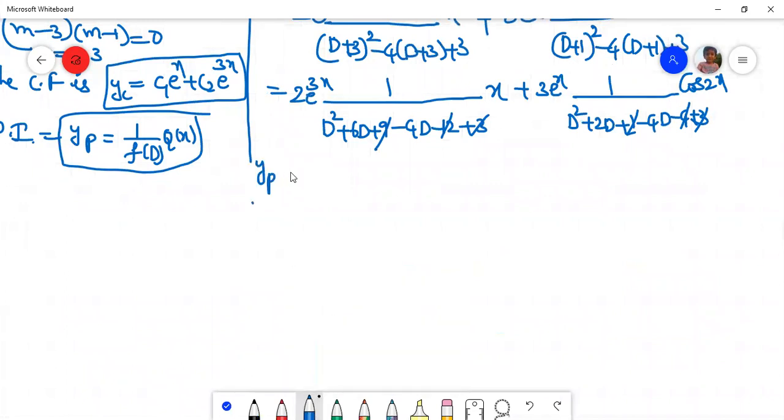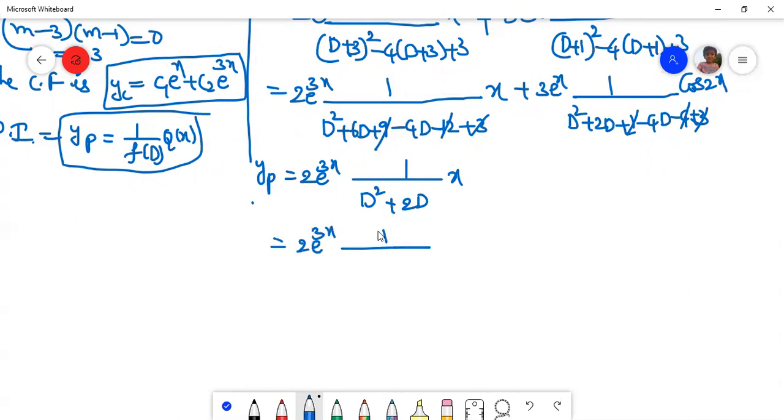Then yp is equal to 2 e power 3x, 1 by D square plus 6D minus 4D, that is 2D, into x. It is equal to 2 e power 3x, 1 by D, taking common, that is D plus 2, into x.